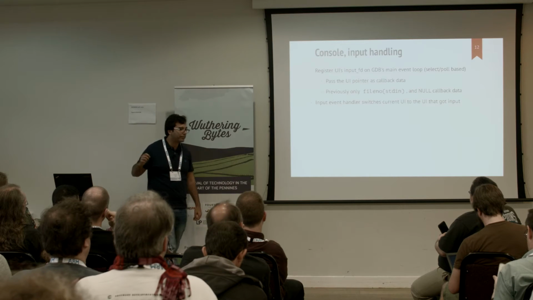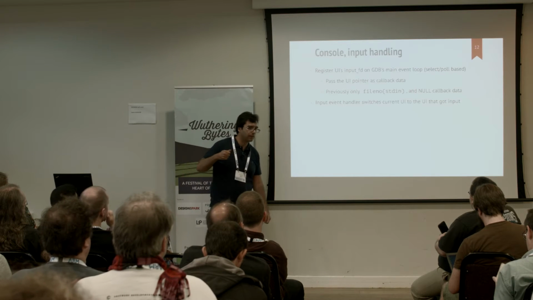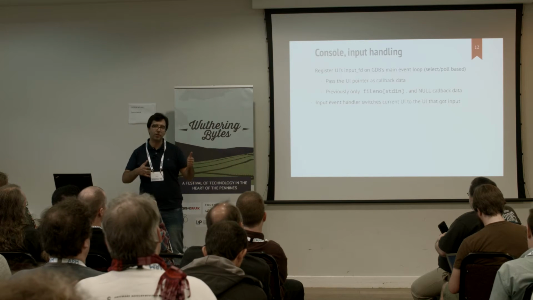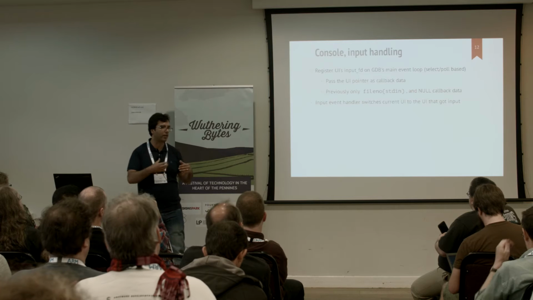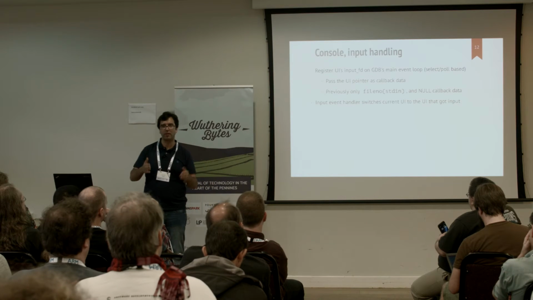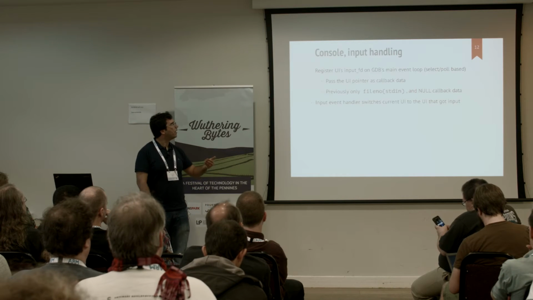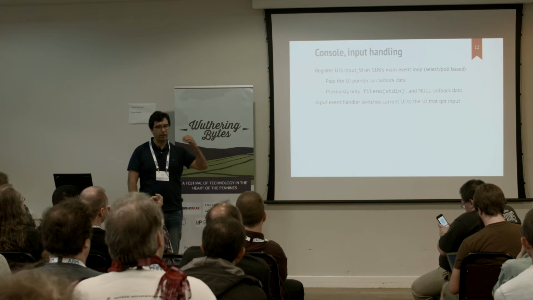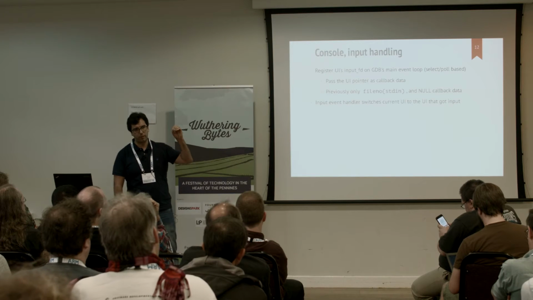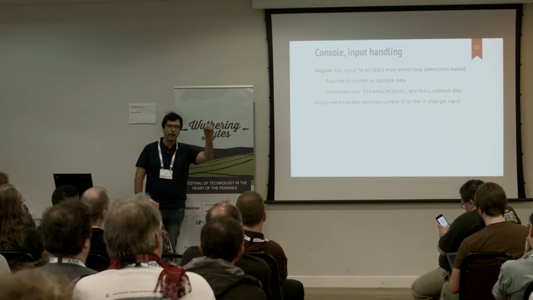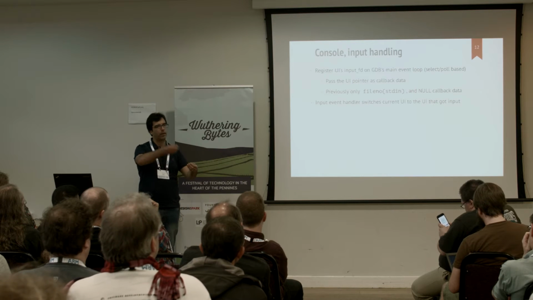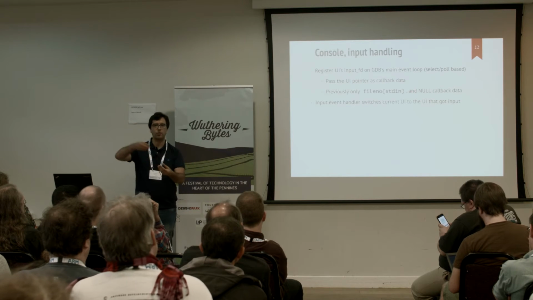Another interesting thing to mention is that GDB's event loop is select/poll based. So it's a synchronous event loop, and everything runs on the main thread. Up until now, you had the input file descriptor registered there. When input comes, it wakes up the select, and that ends up calling a callback that in turn calls readline.